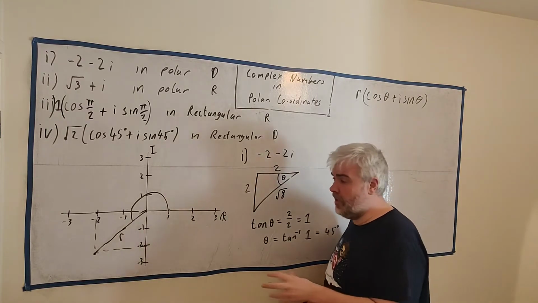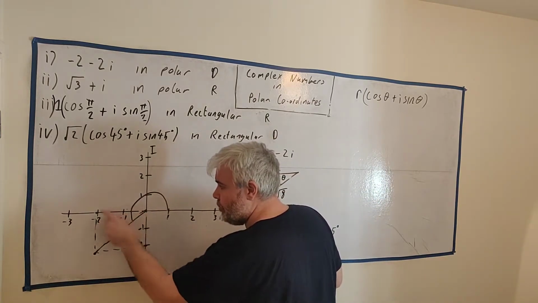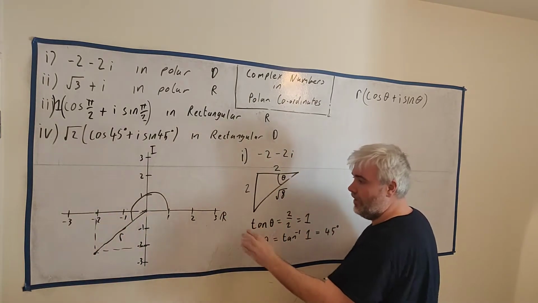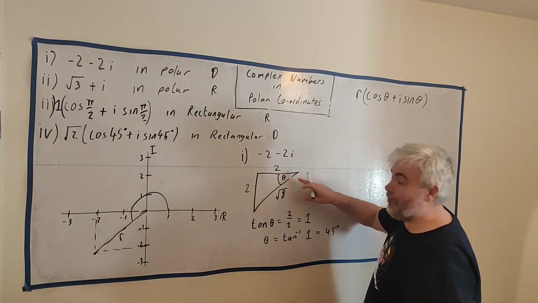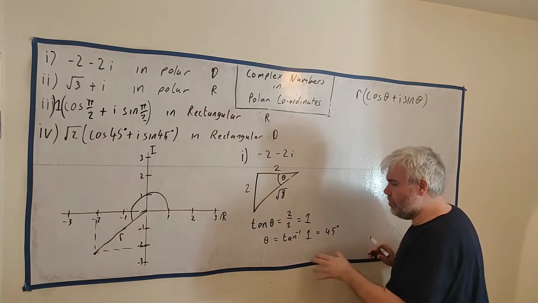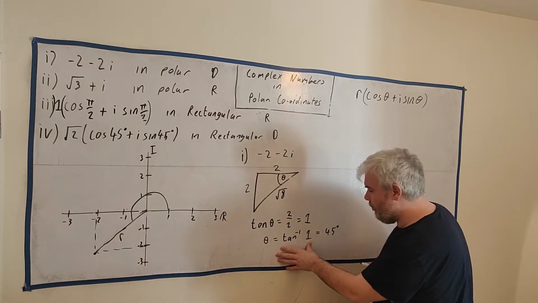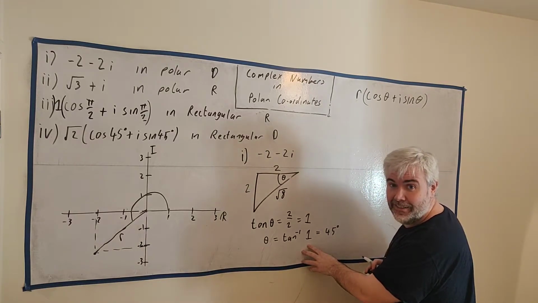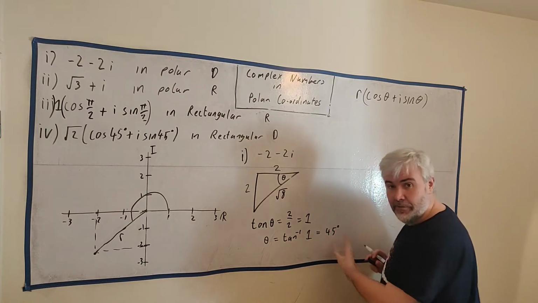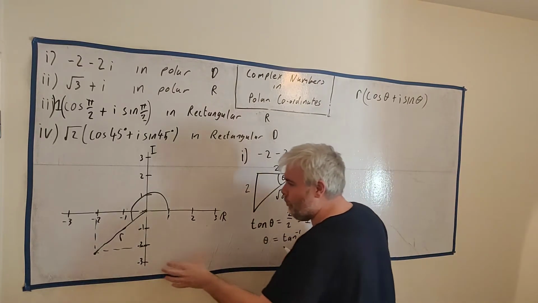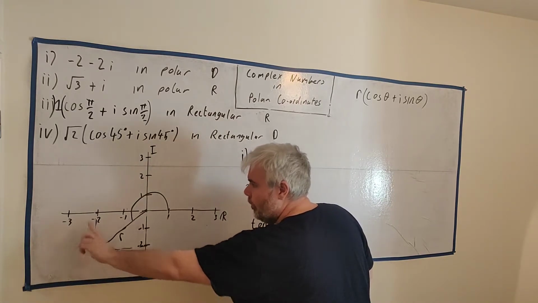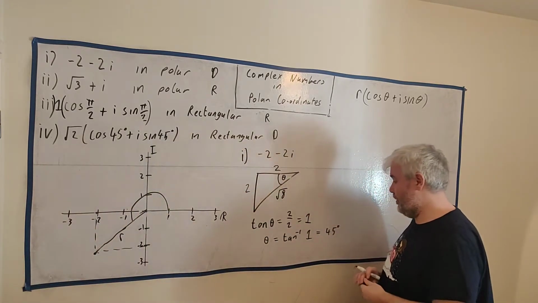That shouldn't be a surprise, because it was 2, 2, the same distance out as up. We would expect to get a 45 degree angle. Check your formula table: when is tan theta equal to 1? It'll tell you 45 degrees. But I would like students to notice that 2 and 2 will give 45 degrees.